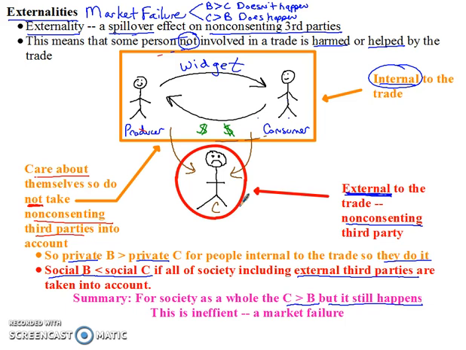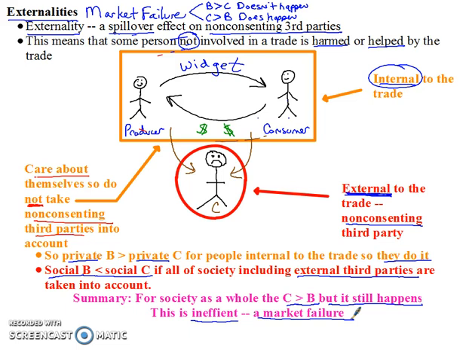So the costs outweigh the benefits, but they don't take that into account. They don't consider the costs imposed on this guy, and so they engage in the trade anyway. So for society as a whole, the costs outweigh the benefits, but it still happens. That's what I said right here at the beginning. The costs outweigh the benefits, and it still happens. This is our definition of inefficient, and it's what we call a market failure.